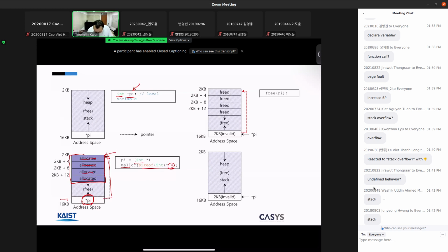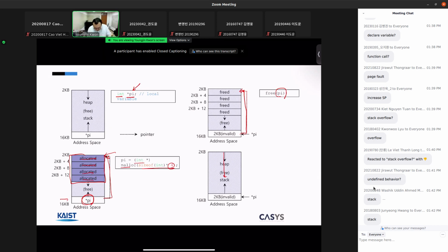And then this pi is freed. First it has to be invalidated, meaning there is some kind of invalidation mark, and then this address space gets freed. That is the simple operation of malloc and free.